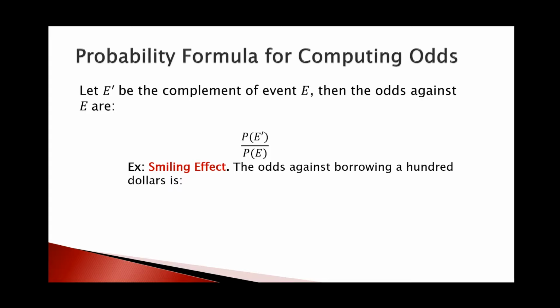The odds against borrowing $100 is the probability of the complement of E, and in this case it's 0.75 because there are 75 people who did not agree to lend us $100, divided by the probability of the event E, and in this case it is 0.25, which we calculated before, and thus the ratio is 3 to 1, and that's the odds against the event that people agree to lend us $100.